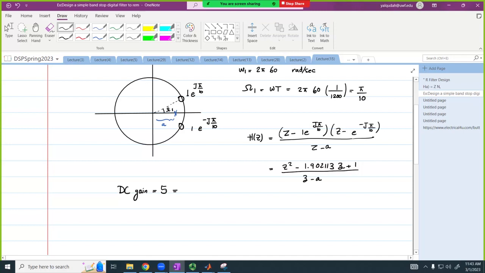We've covered it. The gain of the filter when omega is equal to 0. That's why it's DC, omega equal to 0. When omega is equal to 0, what is z equal to? The z is equal to 1. So this corresponds to H of 1.